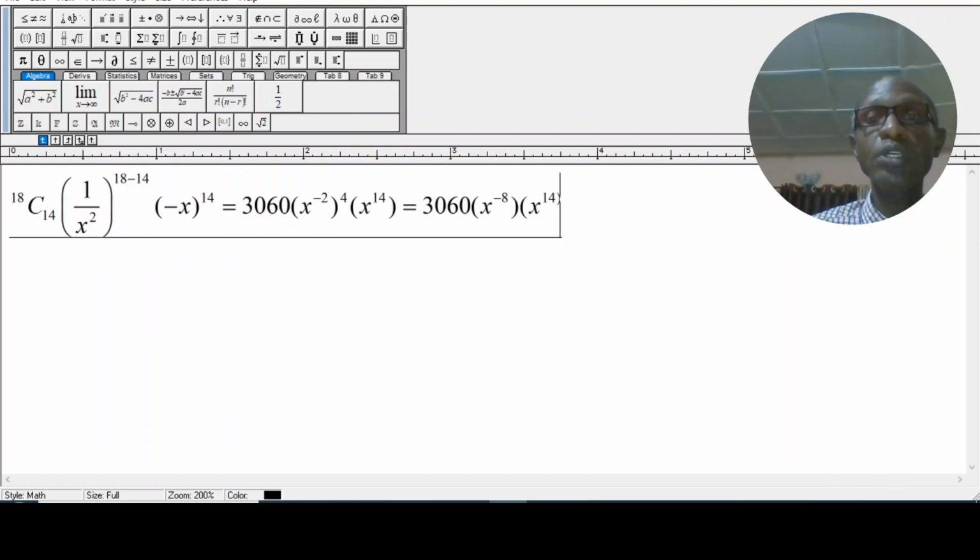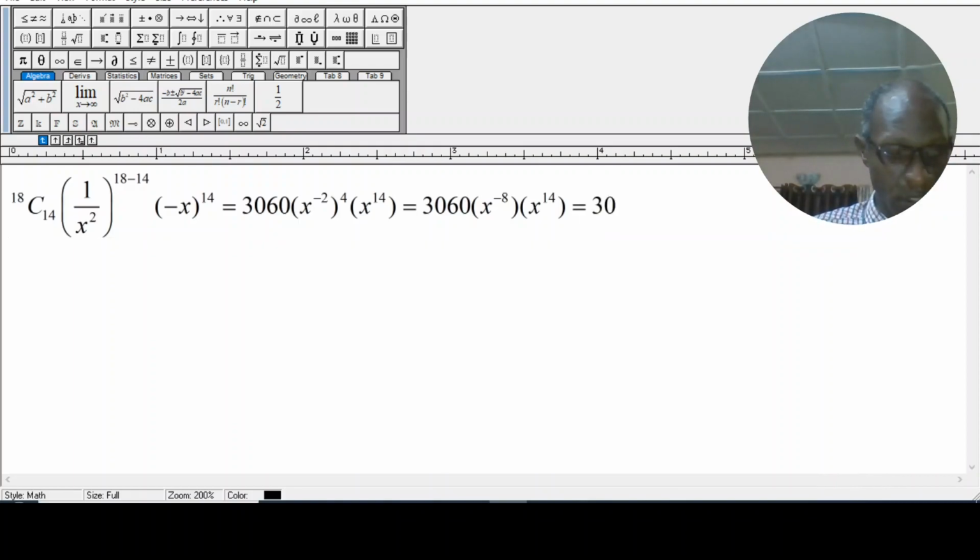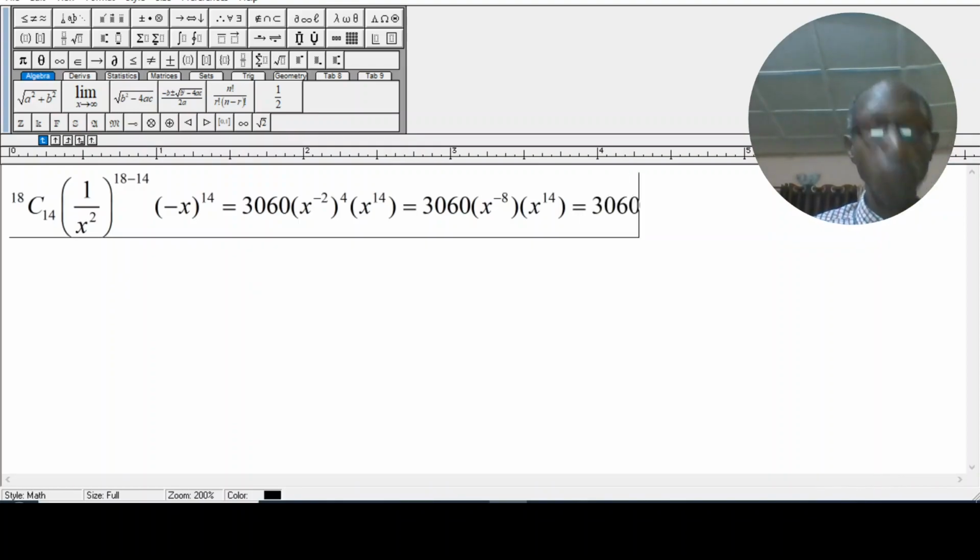Now, following the law of indices, 14 minus 8 will give us 6. So we have 3060 x raised to the power of 6.